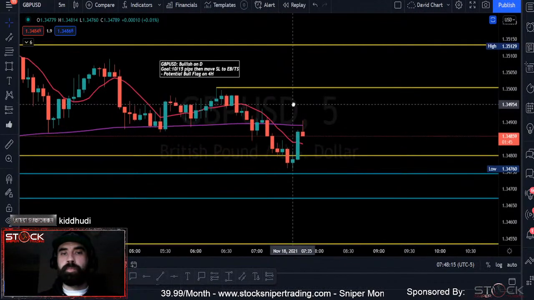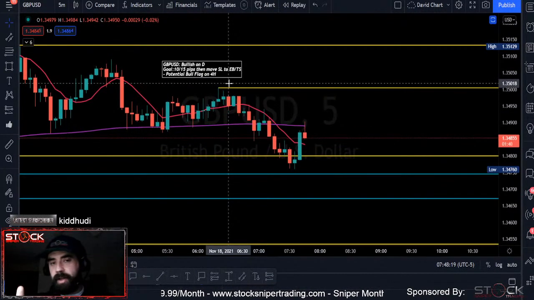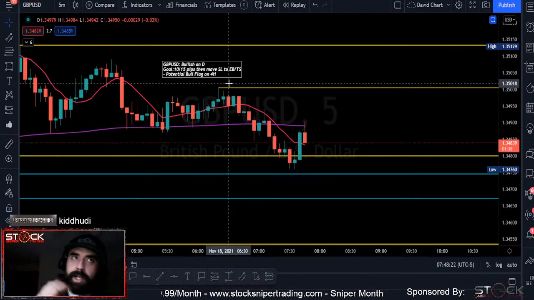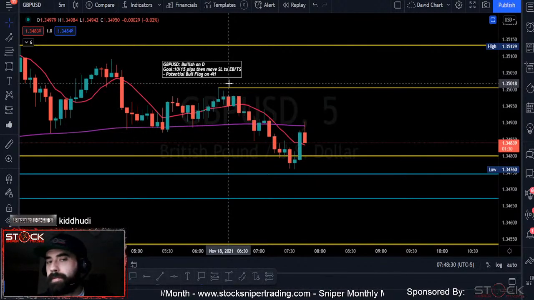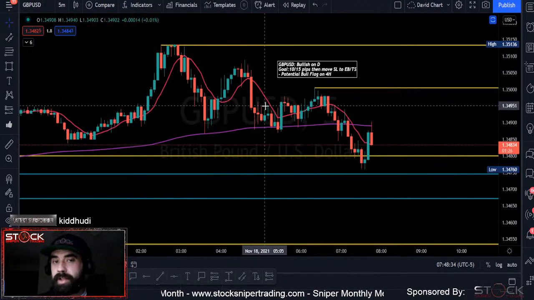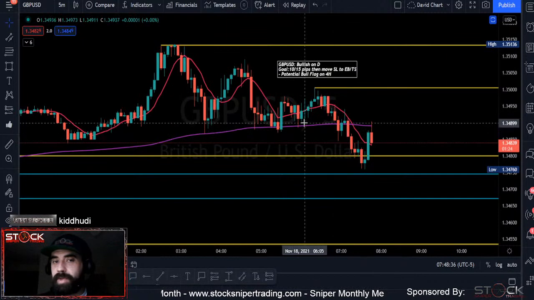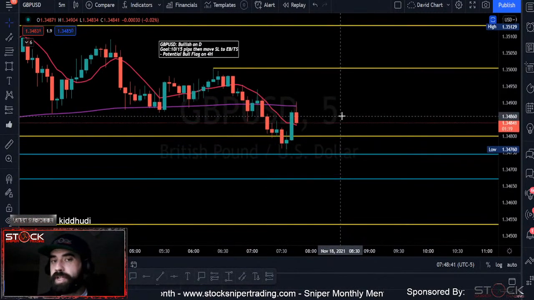So guys, GU has been bullish on the last 4 days. It had a massive sell-off, but now you're getting that pullback. Goal is 10-15 pips, just like everything else. Once you have it, move your stop loss to break even. There's a potential bullish flag forming on the 4-hour, which is why you're getting some consolidation movement here. You're still in a downtrend, but you can see it's not having the best continuation movements, and we're approaching 8 a.m.